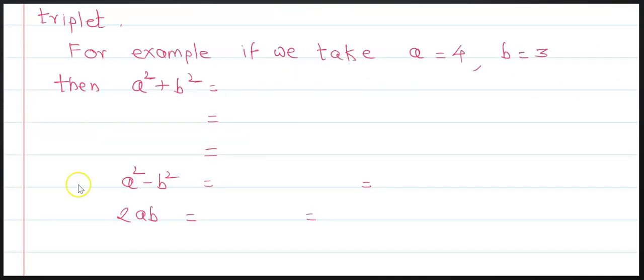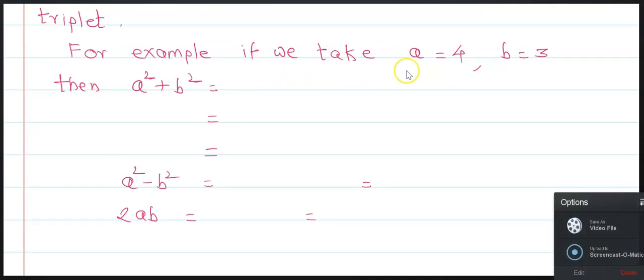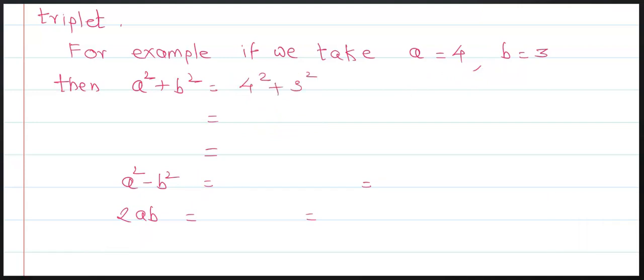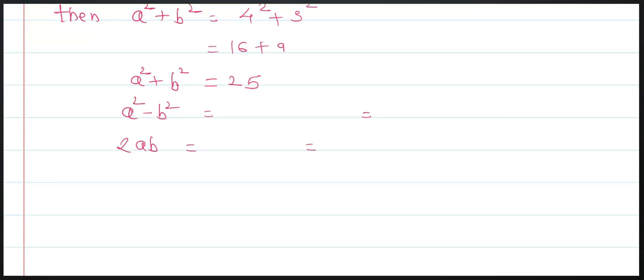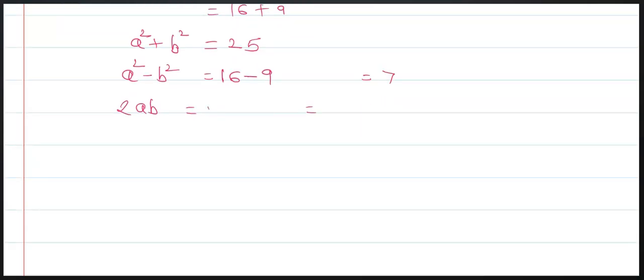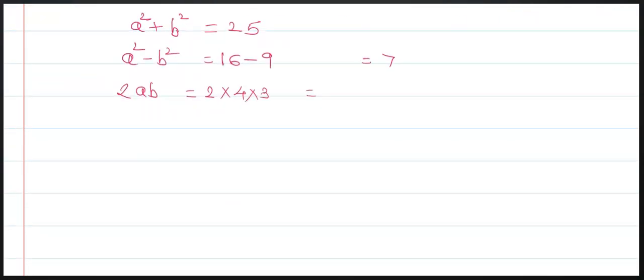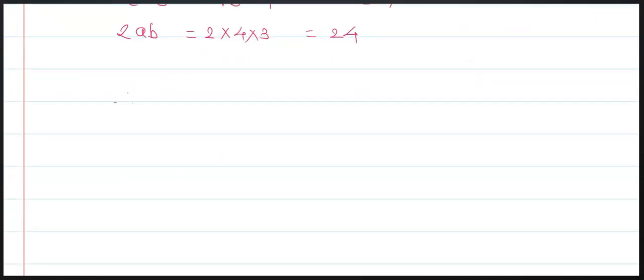Now see this here. If we take A is equal to 4, B is equal to 3, then A square plus B square, that is 4 square plus 3 square, 16 plus 9, that is 25. See this here. A square minus B square, 16 minus 9, that is equal to 7. 2AB, that is 2 into 4 into 3, that is 24.